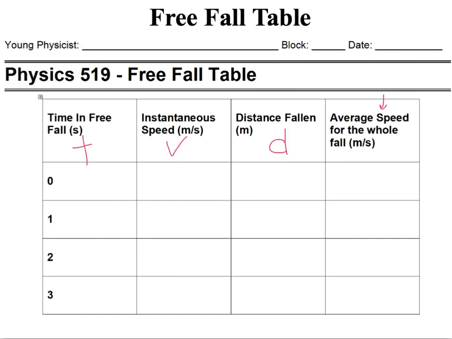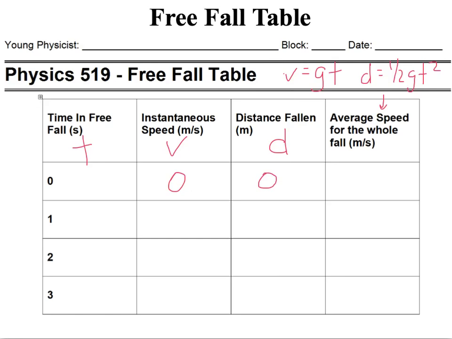So, remember our formulas. We have instantaneous velocity equals little g times time. And we have distance equals 1/2 gt squared. So on this, it gives us time is 0, and that's going to be really easy, because anything times 0 is going to be 0.